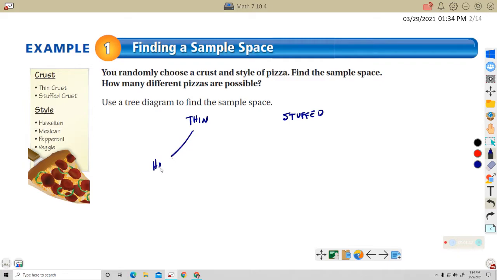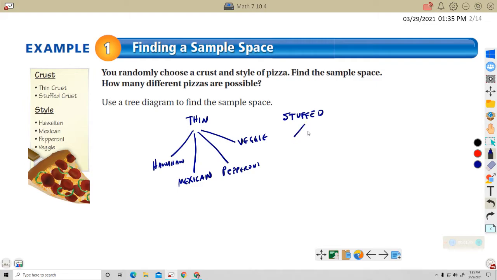So I could have thin Hawaiian. I can have thin Mexican. I don't know what a Mexican pizza is. I want to know. I can have thin pepperoni. Boring. Thin veggie. Even more boring.